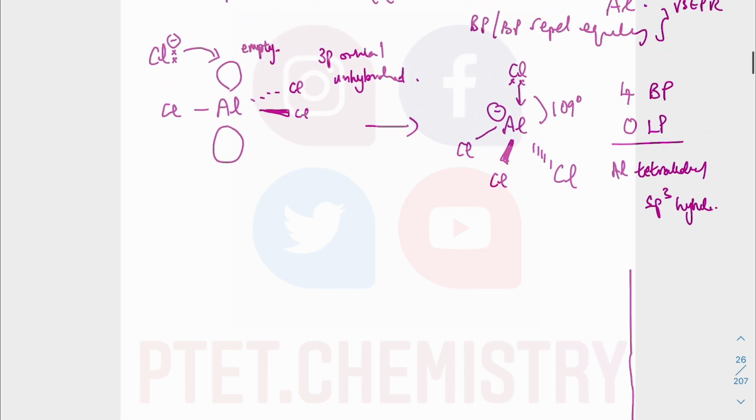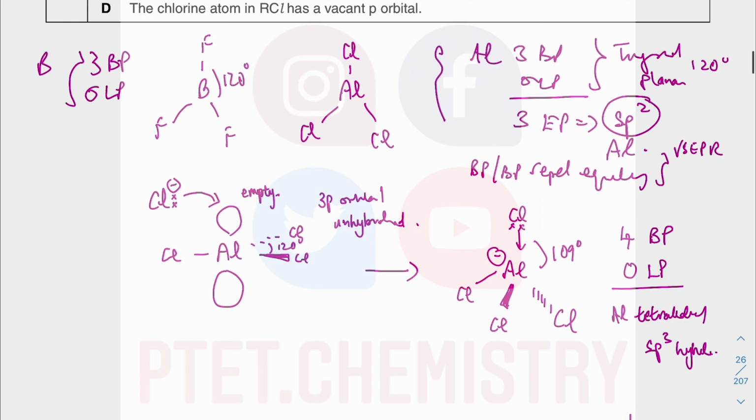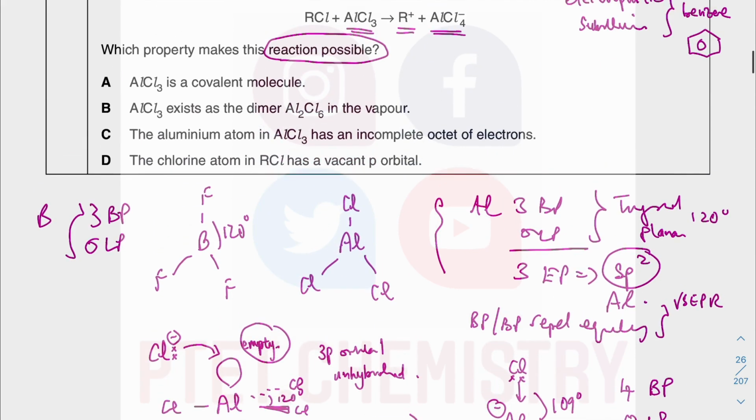So that has become tetrahedral aluminium, sp3 hybrid. It has gone from 120 degree to 109 degree. It is all down to the empty orbital that was unhybridized.